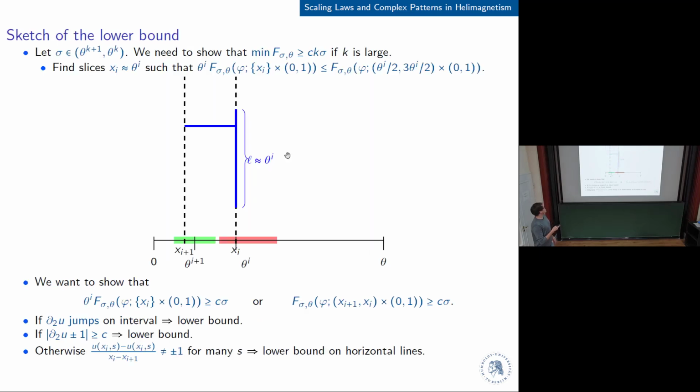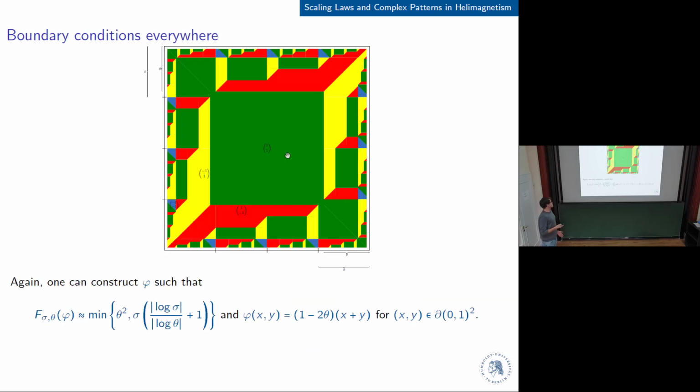All right, so more pictures. This is essentially just the construction that I showed you before, and the same thing happened. I cut out this part here and I mirrored it in the different directions such that you can see that you can, for example, achieve also boundary values all over your square, which correspond to those boundary conditions. I'm not so sure if I ever said that in the very beginning, but I should have said it.